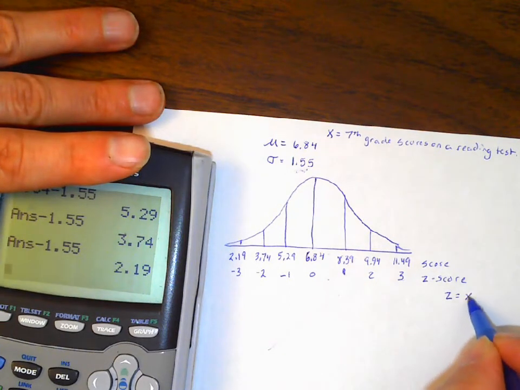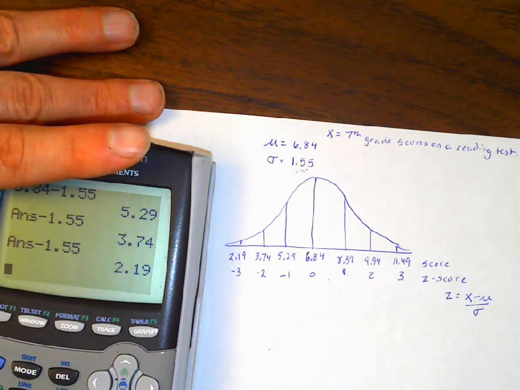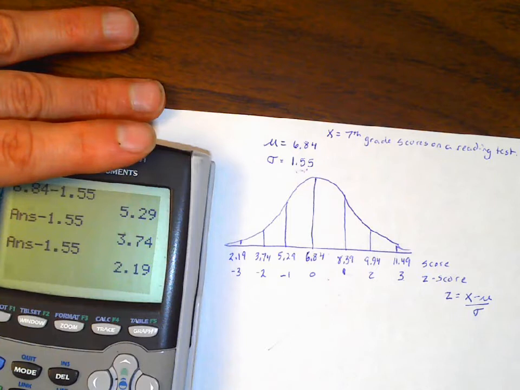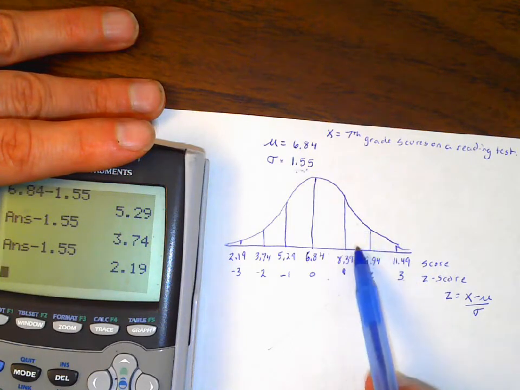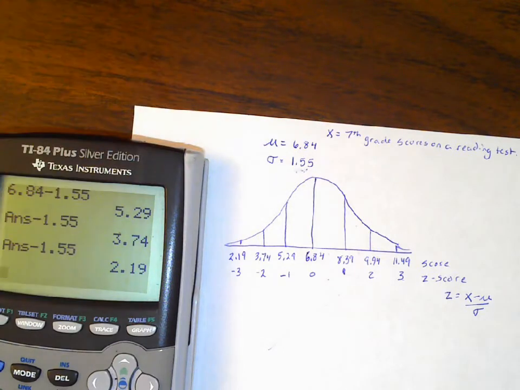Remember we did our x, our number, minus our mean, divided by standard deviation? We did that earlier this year, thinking about how many standard deviations away it is. So if I'm at like 9, it would be somewhere in here. 9 would have a z-score of 1.6 or something, I don't know, whatever it is. So that's how we draw it out.